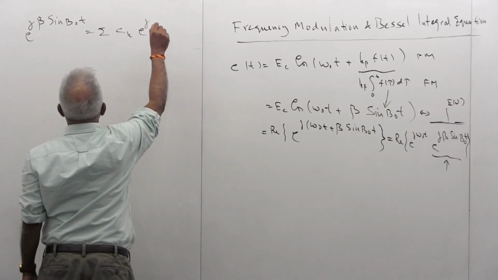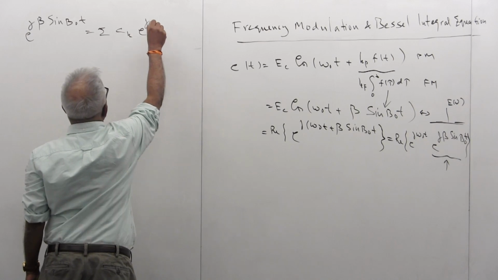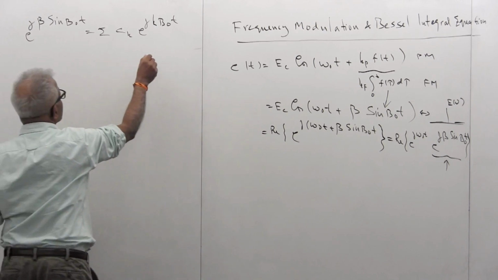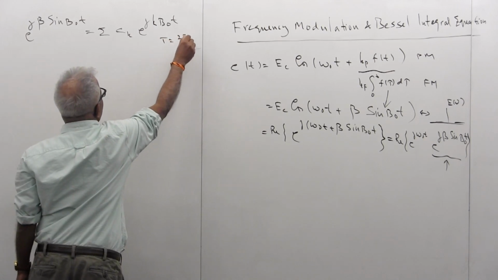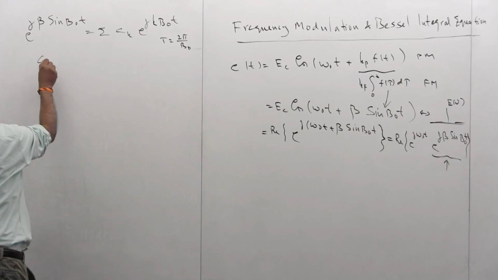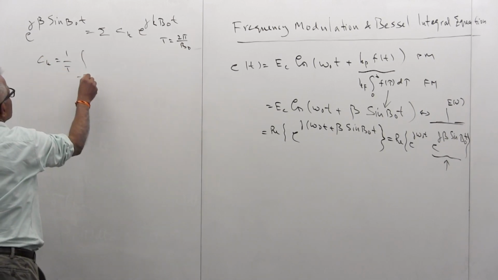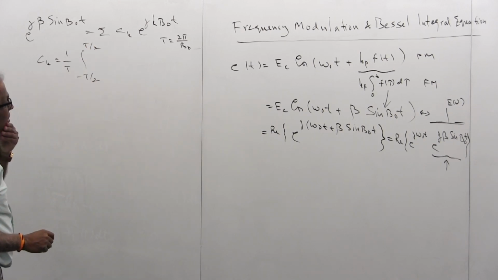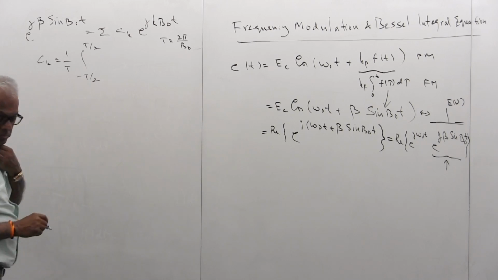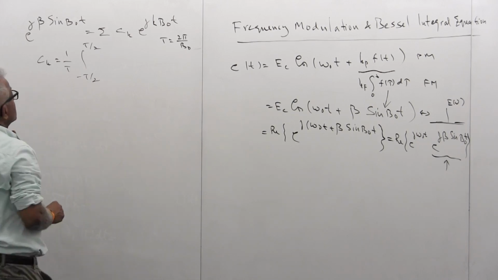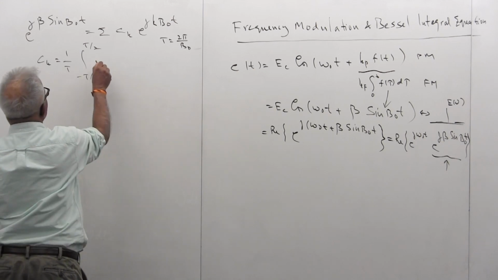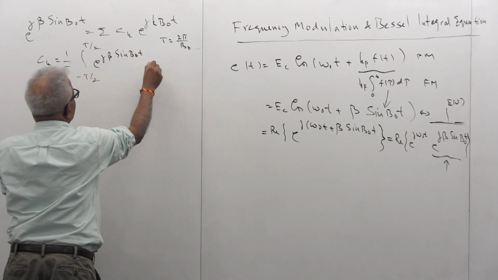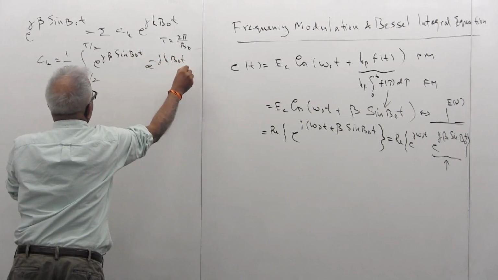So it has a Fourier expansion, and the c_k's are 1 over T, integral from minus T by 2 to T by 2, of e to the power j beta sine b naught t times e raised to minus j k b naught t dt.